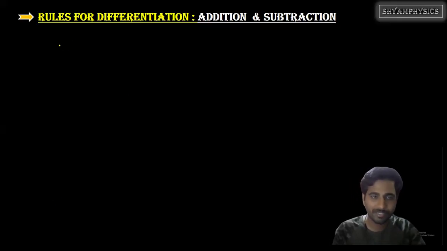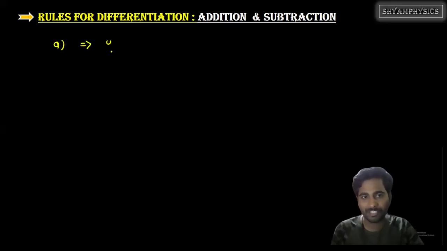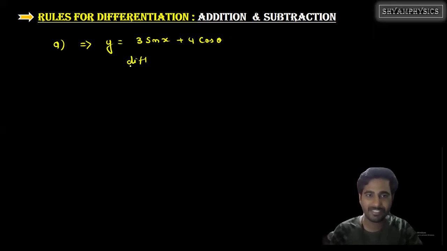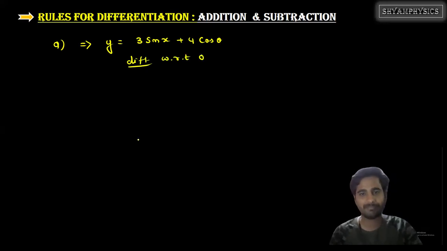In addition only, we'll go with a different format. Next question. The function they have given is y is equal to 3 sin x plus 4 cos theta. Now we need to differentiate this with respect to theta.